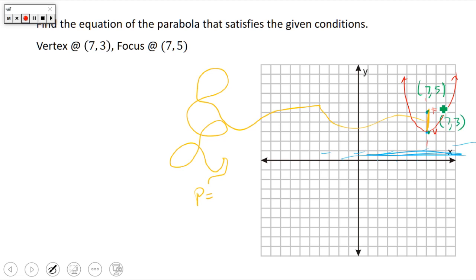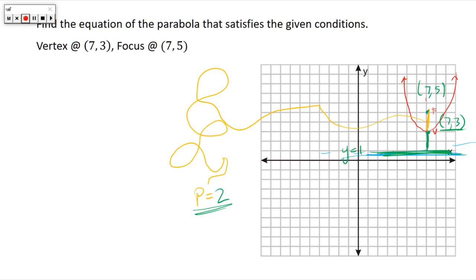The difference between the y-coordinates of the focus and the vertex is 2, so p is 2. If p is 2, that lets us do everything else, because we don't actually care where the directrix is. To write this equation, we know that it would be 2 down from 3, so it would be at y is equal to 1. But that's not important for this, because p being 2 and knowing the vertex is all we need.